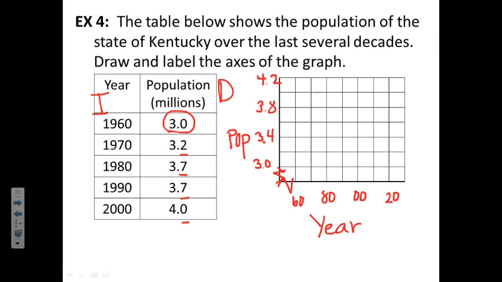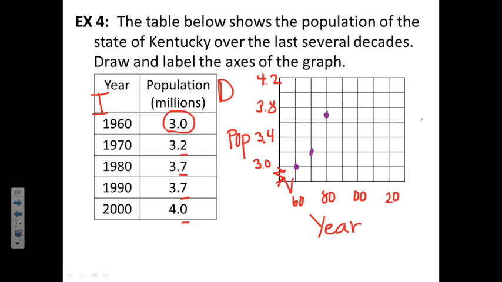So from here, I'm going to go ahead and graph each value. Let's change colors so you can see it a little bit better. We go over 60 up 3.0, over 70 up 3.2, and so far it looks like it's pretty linear. We go over to 80 and we go up 3.7.